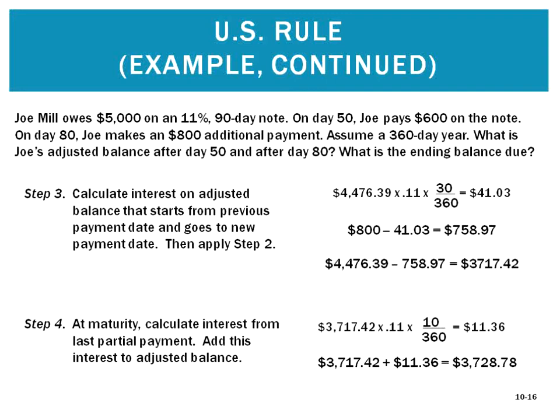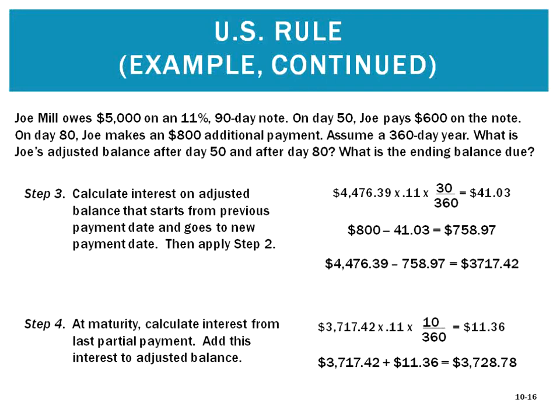But now they ask, what is the ending balance at 90 days, right? So now we have our new principal, which is $3,717.42 times rate, 0.11, times time, which is now 10 days, right? Because we've already paid interest up to day 80. Now we just need to pay interest from day 80 to day 90, which is 10 days. So now it's 10 over 360, which is $11.36.